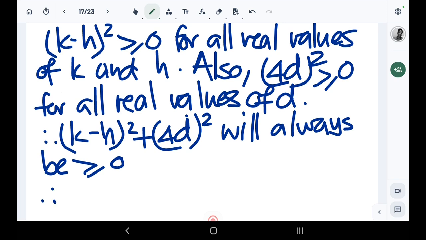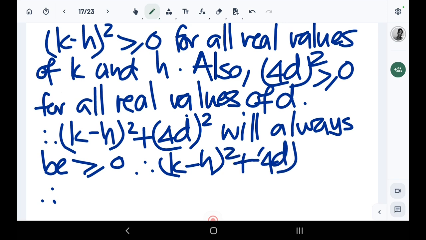Therefore, K minus H all squared plus 4D all squared will always be greater than or equal to 0, making your discriminant positive.